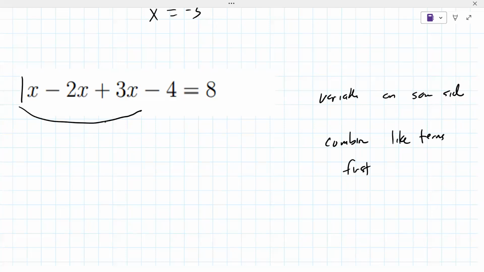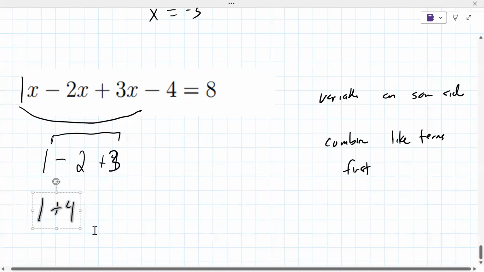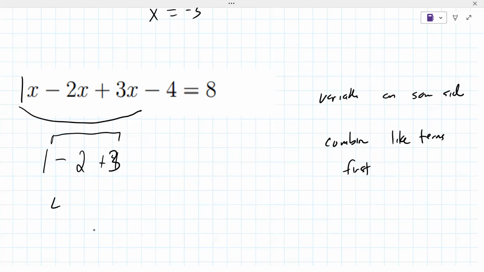Nope. It's really just 1 minus 2 plus 3. I'm giving you the answer. 1 plus 3 is 4. That's one way to do it.